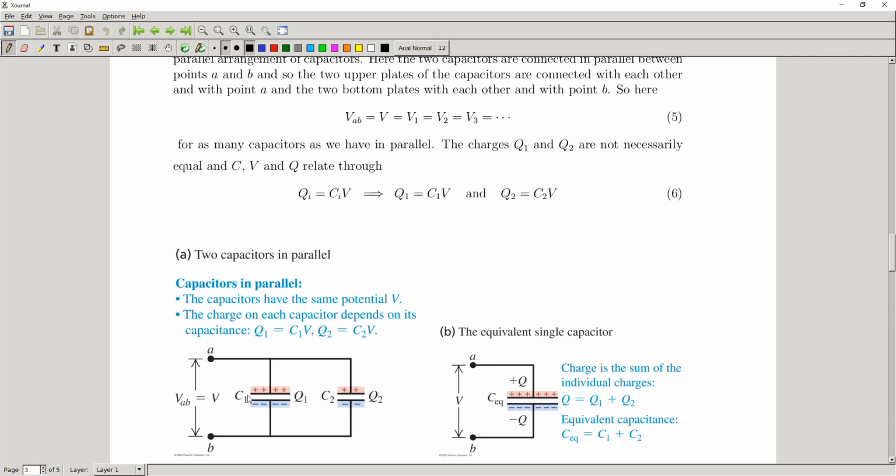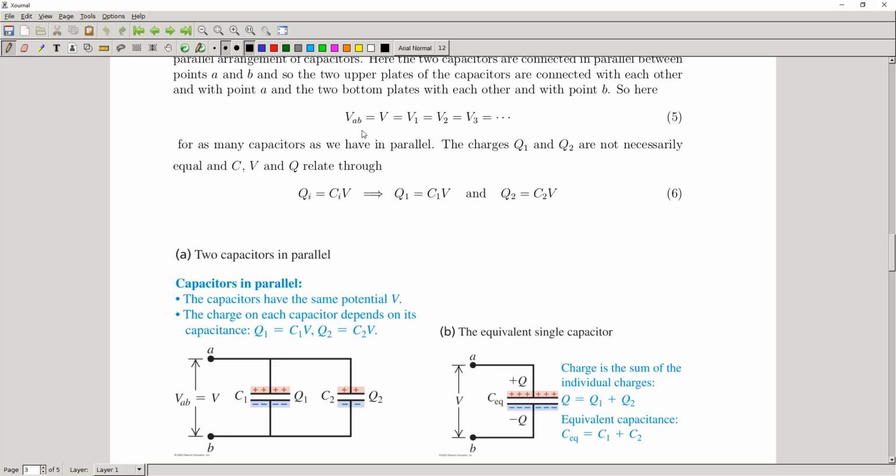They're all sitting on basically one potential because they're all connected. They're all one chunk of conducting material. And the bottom plates, along with B, are all connected through one conductor as well. And so all the stuff on top has to be at the same potential, and all the stuff on the bottom has to be at a different potential. And so however we jump across, we're going to be going across this potential difference, VAB.